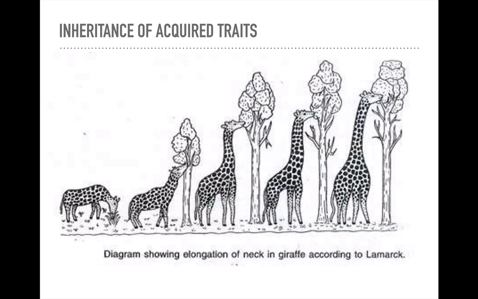The offspring of that giraffe then would have a slightly longer neck, and they would stretch out their neck over the course of their lifetime and pass that characteristic on to their offspring. Eventually we would have what we refer to as the modern giraffe with a long neck so it can eat vegetation from the top of the trees.